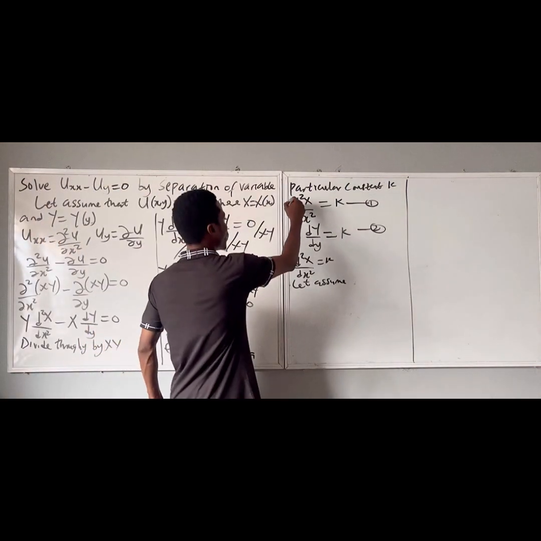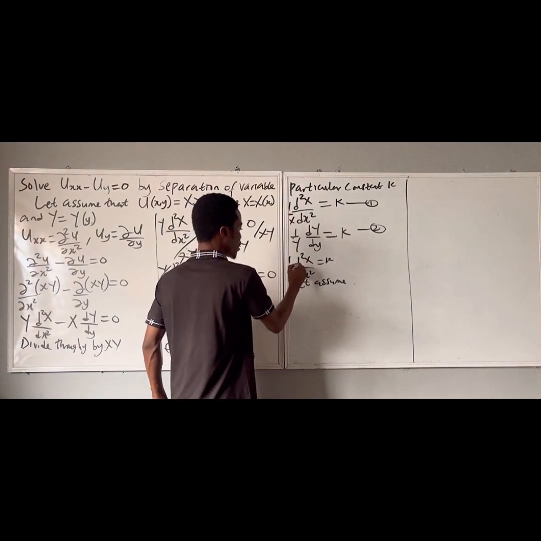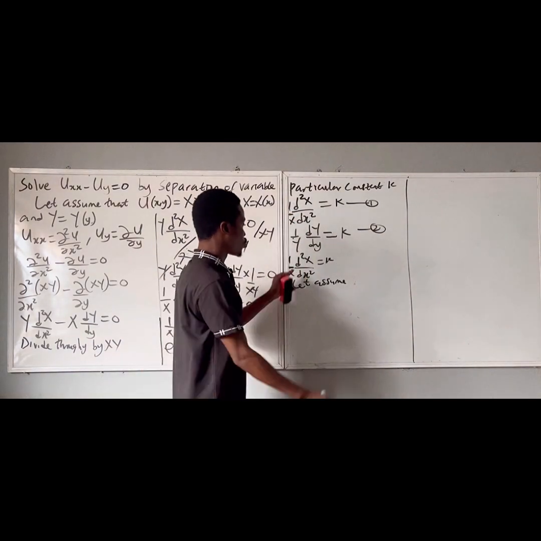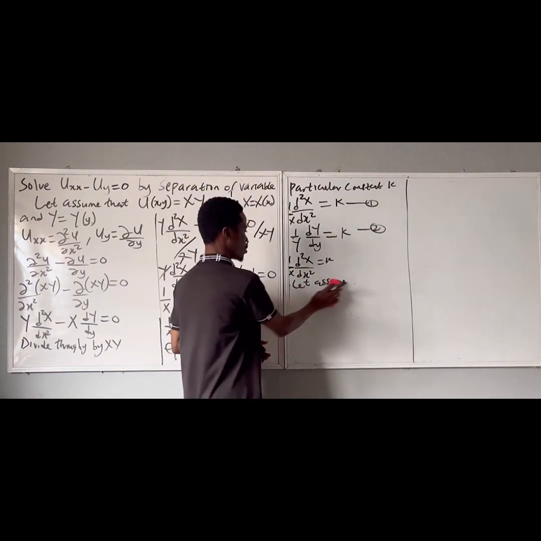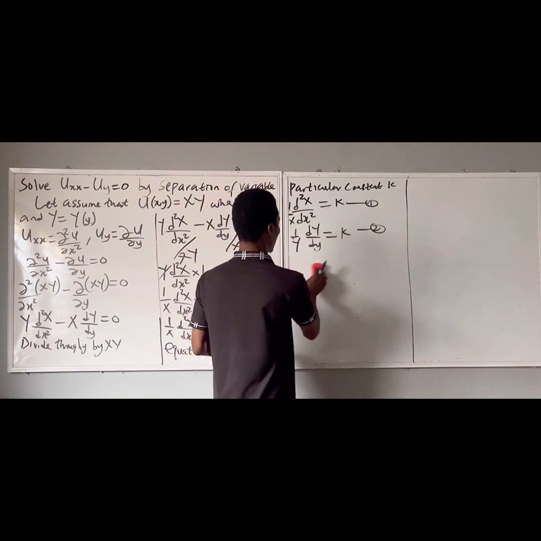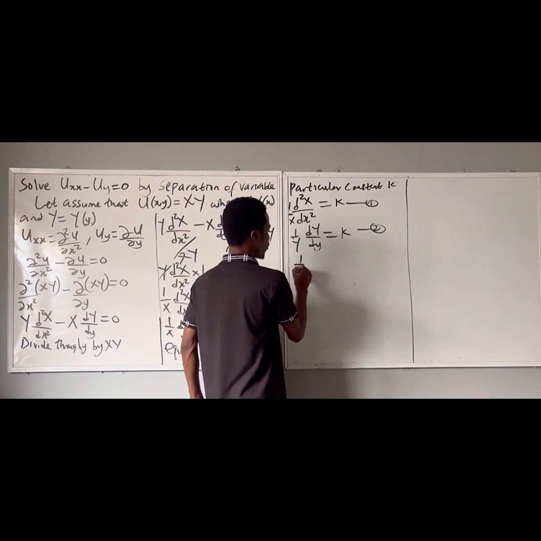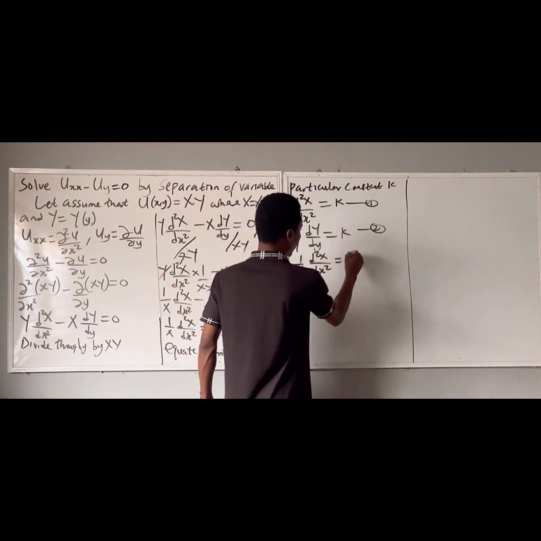I'm going to have 1 over s, d square s all over ds square is equal to k.